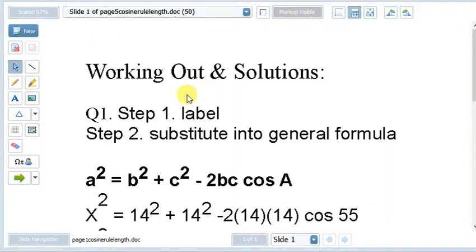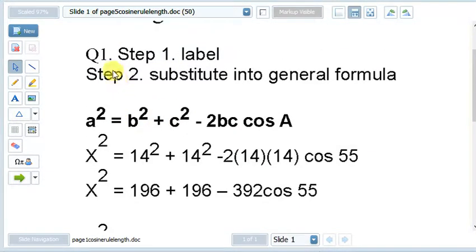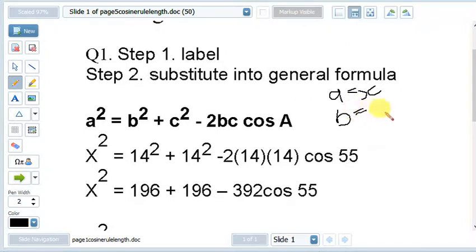So step 1, and what I'm going to do is I'm just going to write out what A, B and C are, just as a quick reminder. So what we've got is a equals x, b equals 14, c also equals 14, and angle A equals 55.